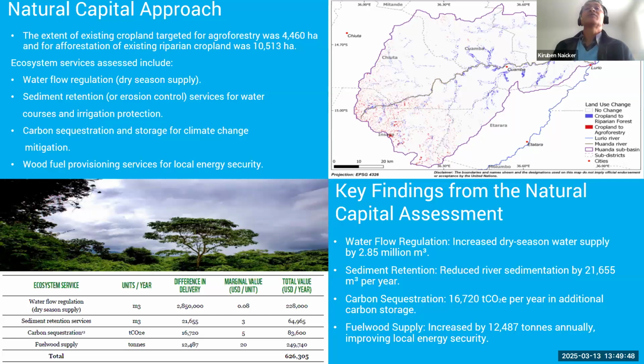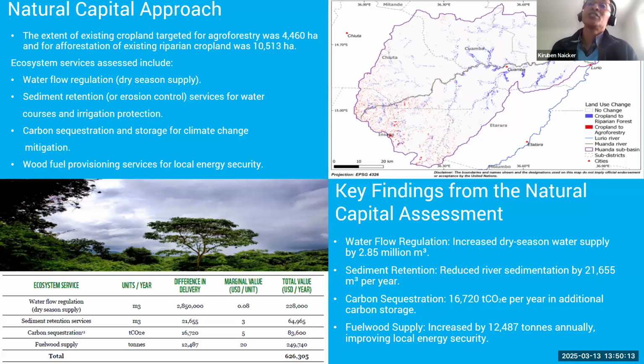But the key findings from this natural capital assessment show that water flow regulation increased the dry season water supply by 2.85 million cubic meters. Sediment retention reduced river sedimentation by 21,655 cubic meters per year.